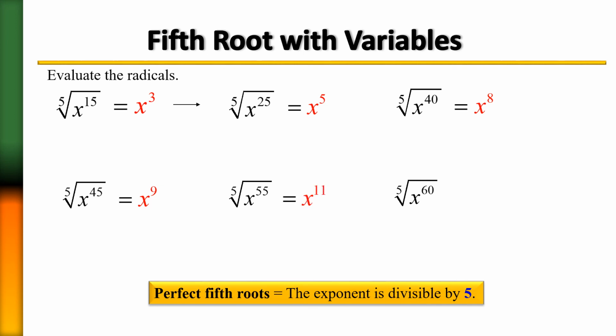And lastly, what is the fifth root of x to the 60th power? Yes, of course, that will give you x to the 12th power. And again, there you have it. Perfect fifth roots in terms of the variable is where the exponent of the variable is divisible by 5.